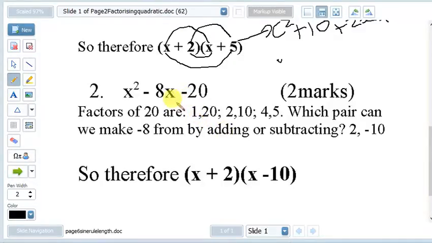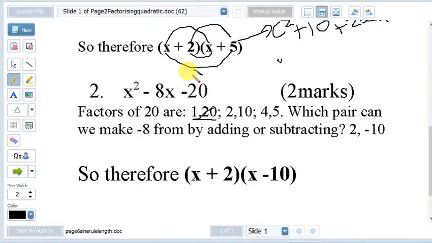So what we've now got is x squared minus 8x minus 20. So the factors of 20 are 1 and 20. Now can we make negative 8 if we add and subtract 1 and 20? And the answer is no. So those are no good. Next one, we've got 2 and 10, as 2 times 10 gives us 20.